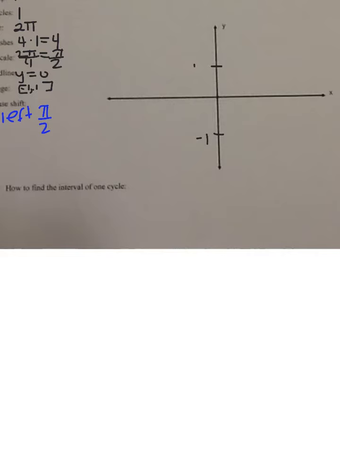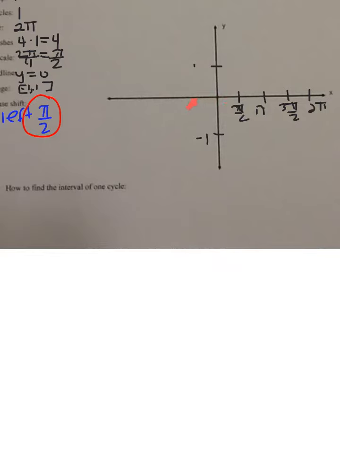I need 4 slashes, and I'll tell you what we're going to do with the shift in a minute. 1, 2, 3, 4. The first one is going to be pi over 2, and then pi, 3 pi over 2, and 2 pi. All right, so notice that our shift is to the left pi over 2, and my interval here is pi over 2.